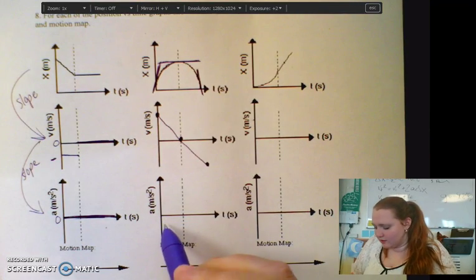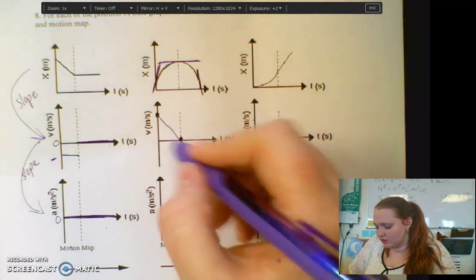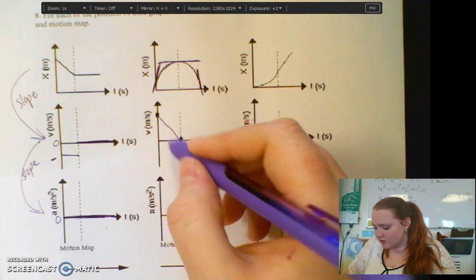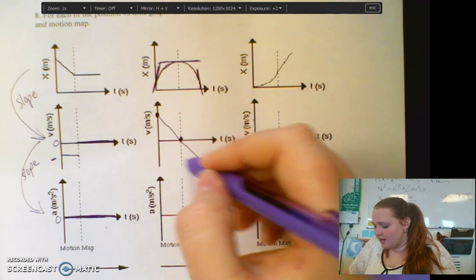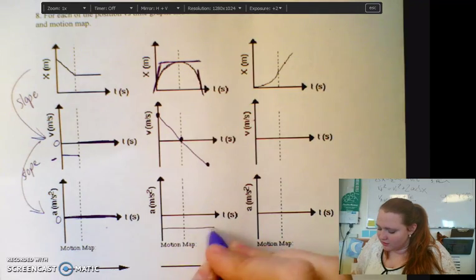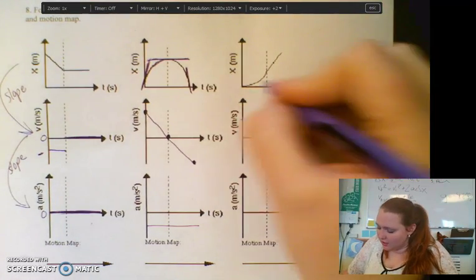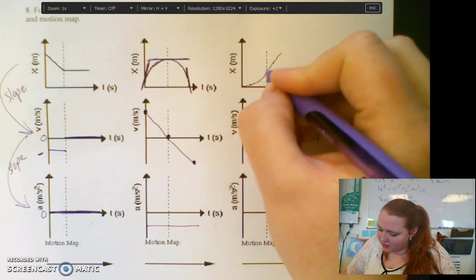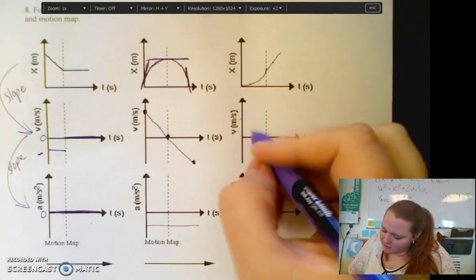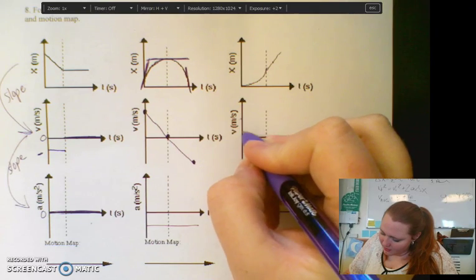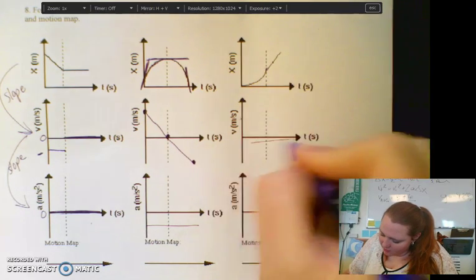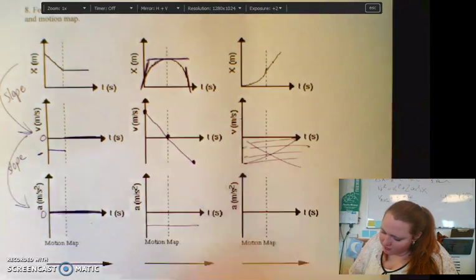Now, for my acceleration graph, I have to look at just this line here. So the slope of this line is negative, and again, it's not a curve, so we have negative acceleration everywhere. Alright, here we are speeding up and then moving at a constant speed. So because I speed up and it's positive, I'm not going to even use this negative region here.